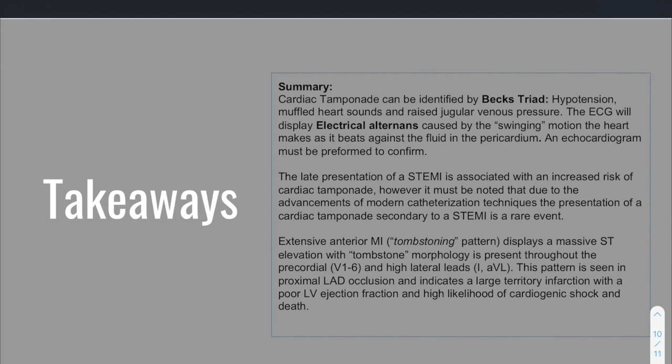We talked about massive pericardial effusions, but ventricular free wall rupture is one that can happen if you have a delayed presentation from a STEMI, or a STEMI that you don't get revascularization or catheterization in time. So those are the things to look for in your takeaways.